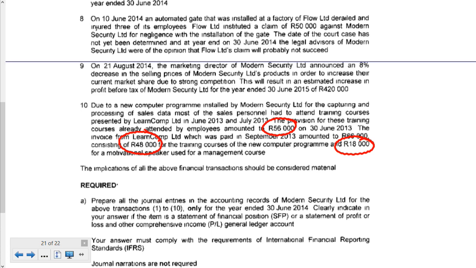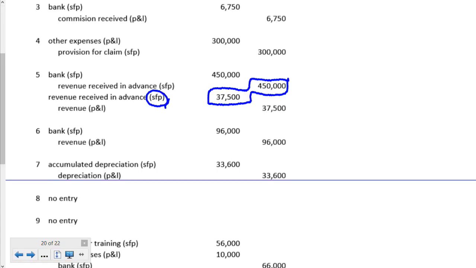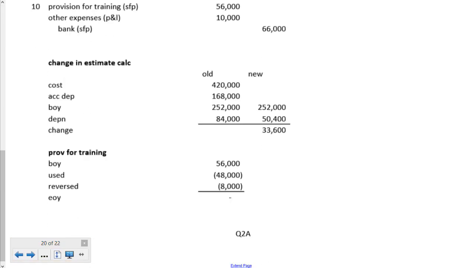Do you agree? I had a provision of 56, I used 48, the 8 gets reversed, and then I paid an extra 18 for PPE, for a computer program. PPE or intangibles. So my entry is to reverse the provision of 56.